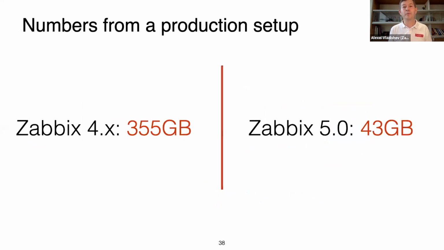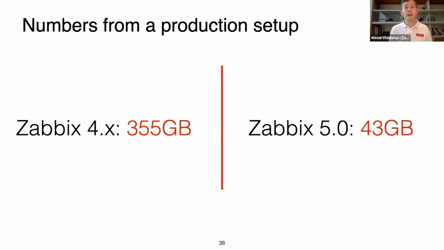This is just a number from a production setup. In 4.x, it was 355 gigabytes of uncompressed data. And in 5.0, after migration to TimescaleDB with compression, the database size is much, much less. I think it's like eight times less than it was before.